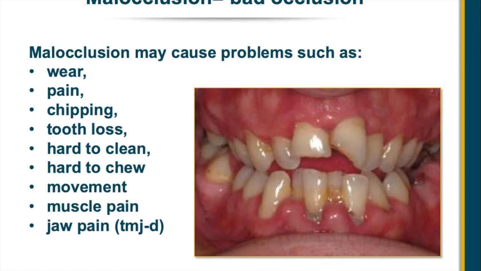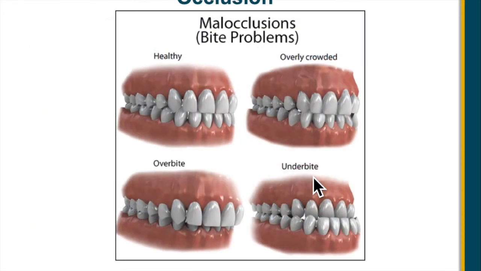So here's a patient. This patient has some gum infection or some periodontal disease, and broken teeth throughout, and just really poor occlusion. So occlusions can be many different types. This would be healthy occlusion, overcrowded, an underbite where the lower teeth are out in front of the upper teeth, and an overbite where your top teeth overlap your bottom by a long ways.